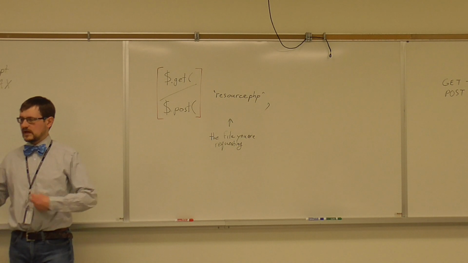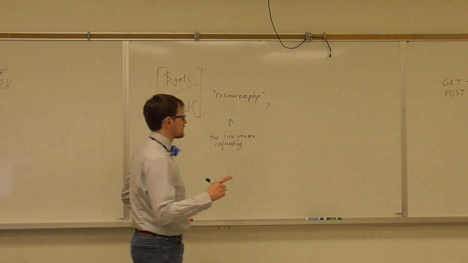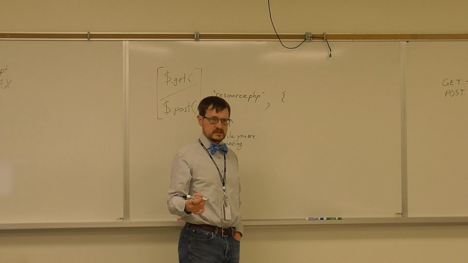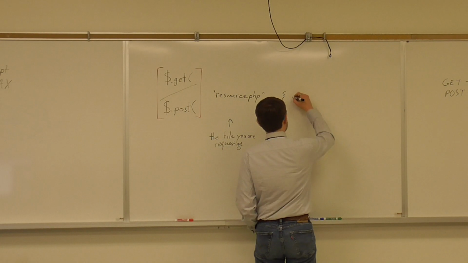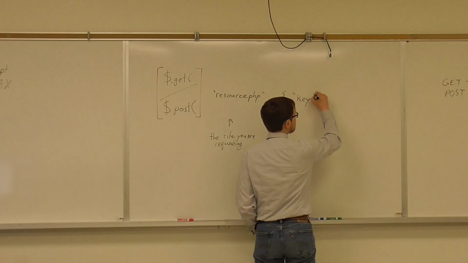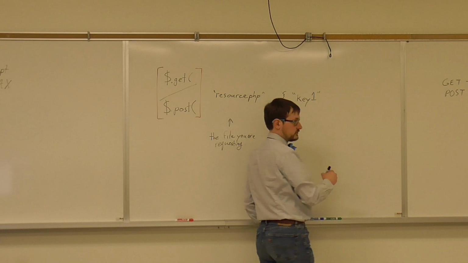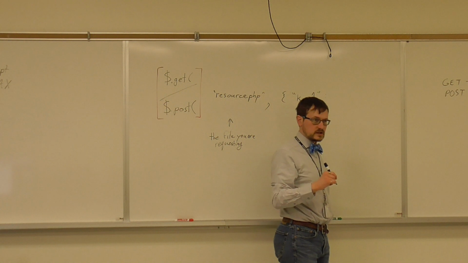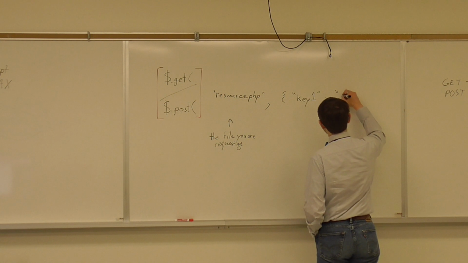So the way that we create JavaScript objects is as follows. We open them with a curly brace. We state the name of the key, what the key's name is. Close the quotes. We place the colon character. We then give it the value.